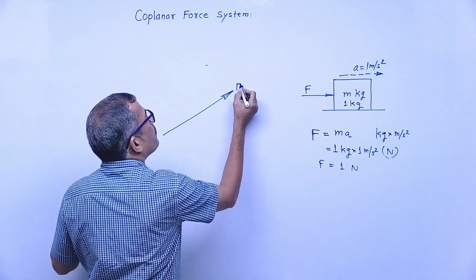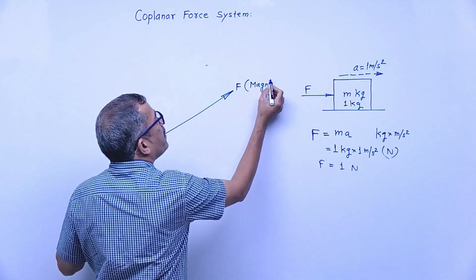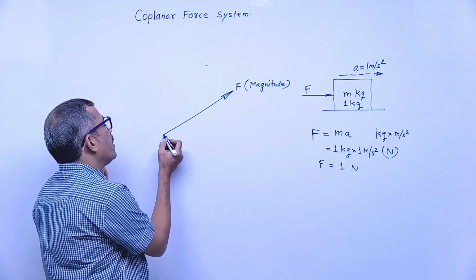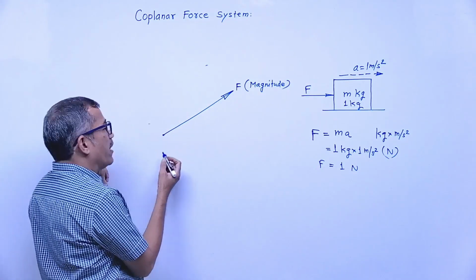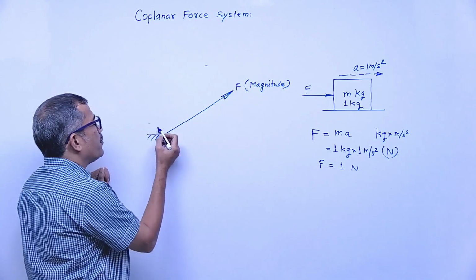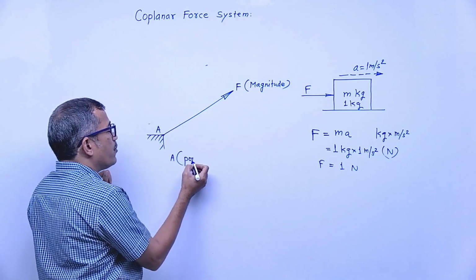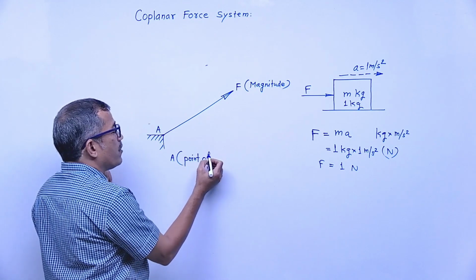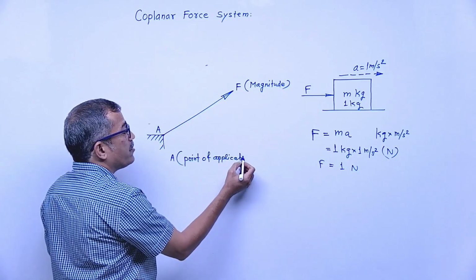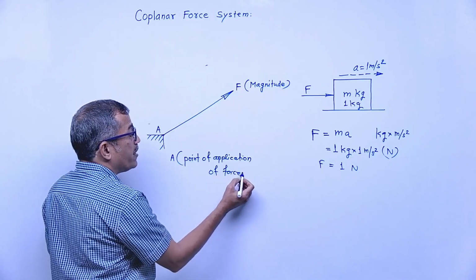F represents the magnitude of the force. Where the force is acting, say it is acting on some body at this point A, is called the point of application of the force.